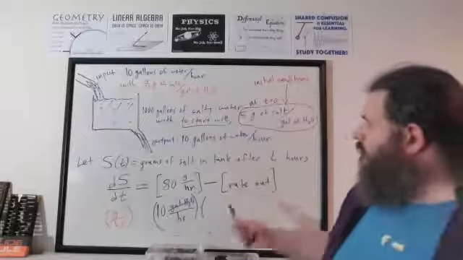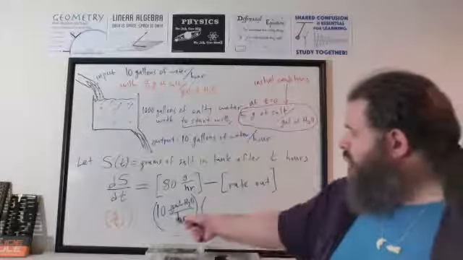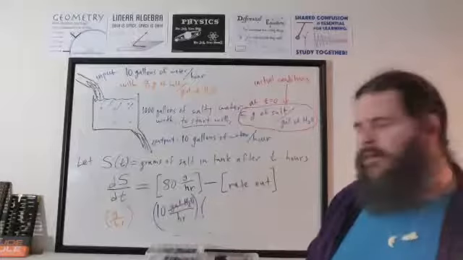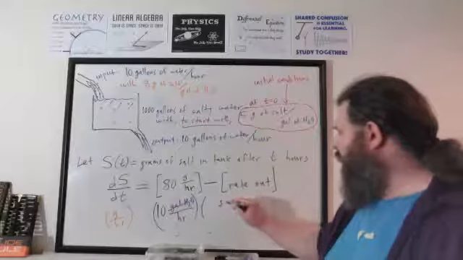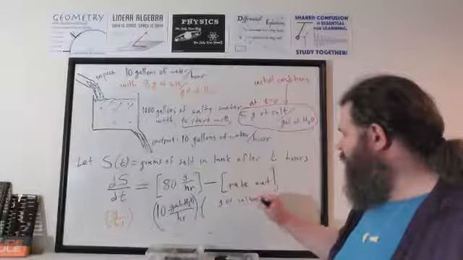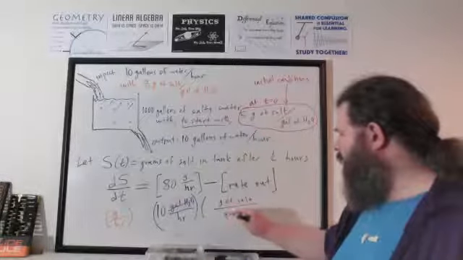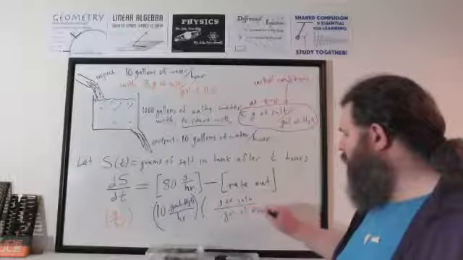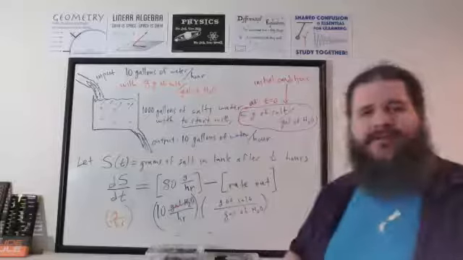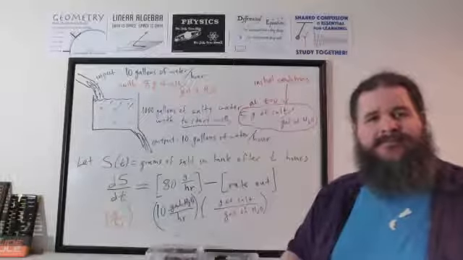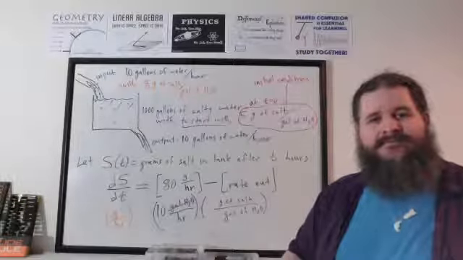But for the rate out, we've got 10 gallons of water flowing out per hour. We want to write the concentration here. And remember, concentration is grams of salt per gallon of water. So if you consider the whole tank, how many gallons of water do we have? 1000.